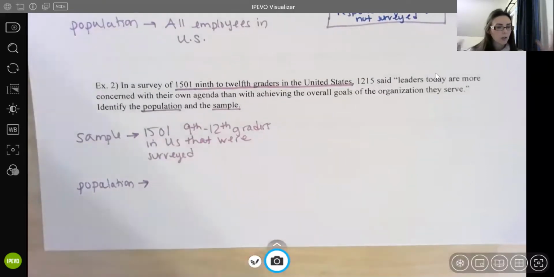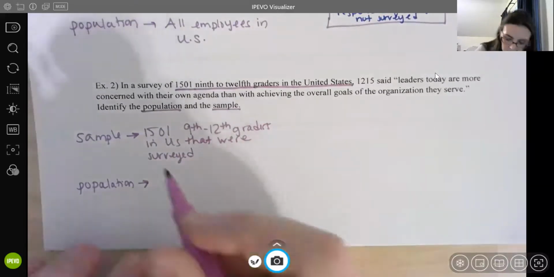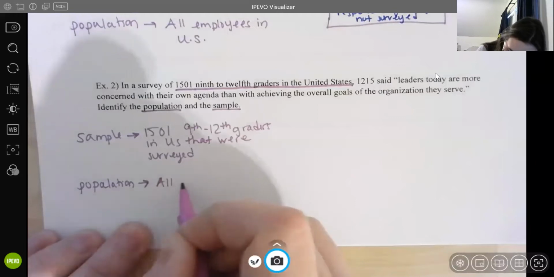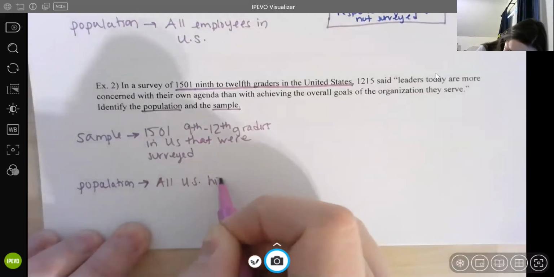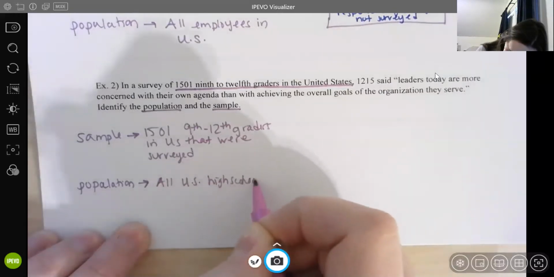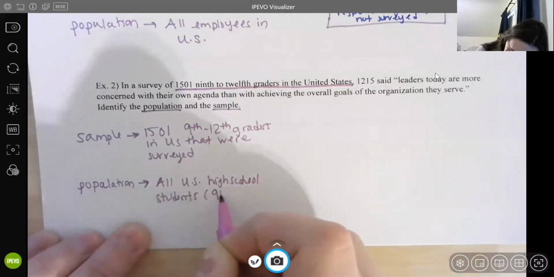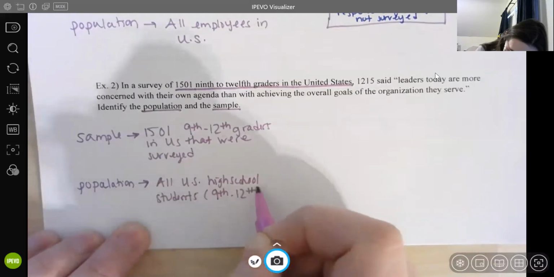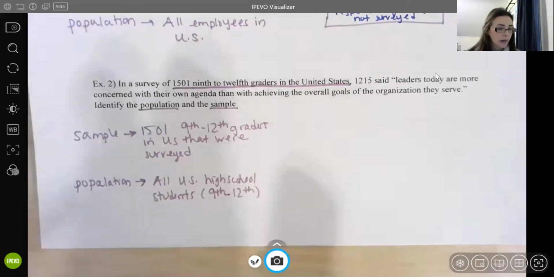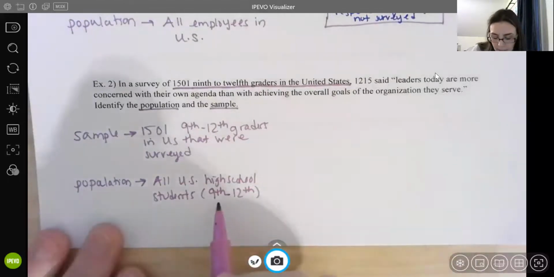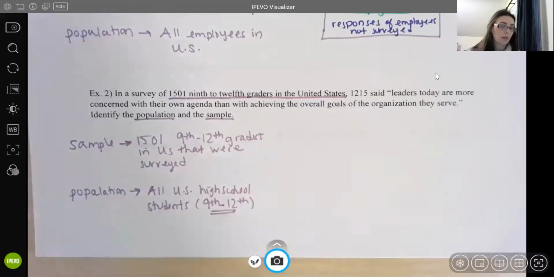Think about what the larger group is. So it would be all US high school students. Now, when I say high school, I mean the standard kind of traditional high school of 9th to 12th grade. I know there are some high schools that start at 7th grade or 8th grade, for instance, or maybe 10th grade. So I'm talking the standard high school. So all students are the population, and we just have a survey of about 1,500 of them.